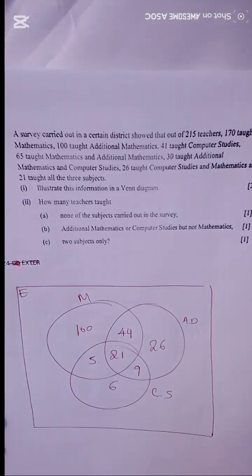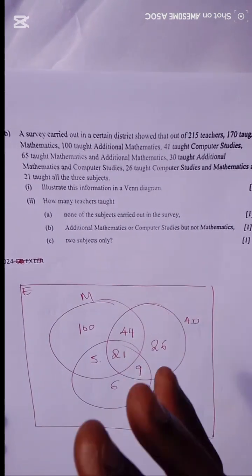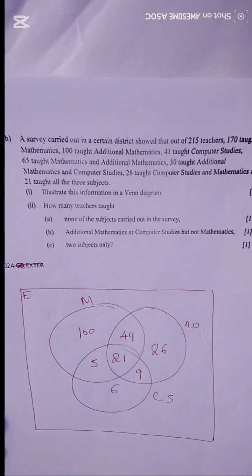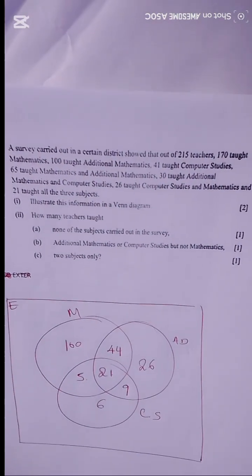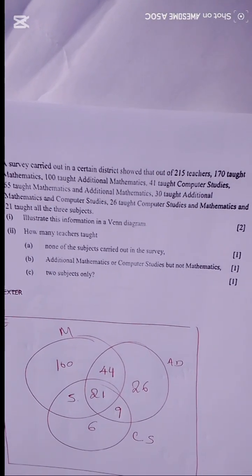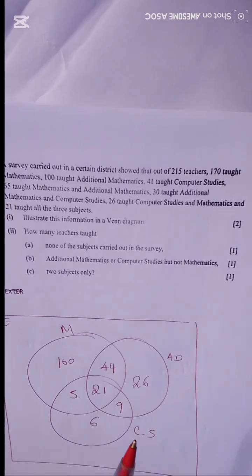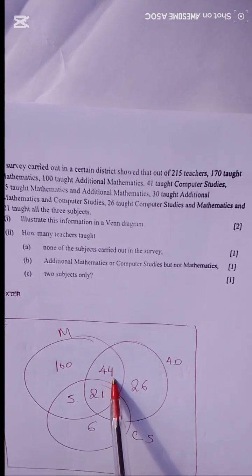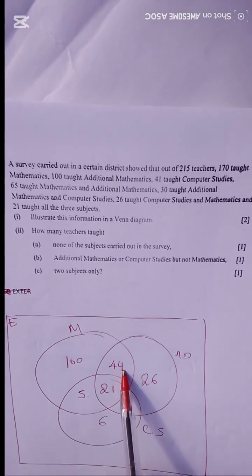So now I have all the 3 sets filled by the illustration of the information. Now I need to figure out how many never participated in any of these subjects by adding up everything and then subtracting from 215, which is the total. So I'm going to say 100 plus 44, that will be 144.